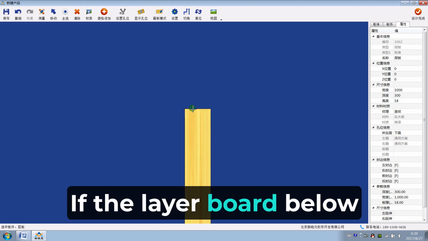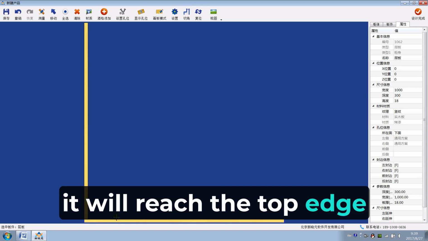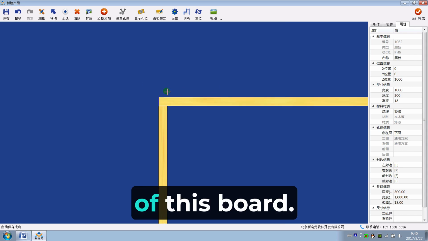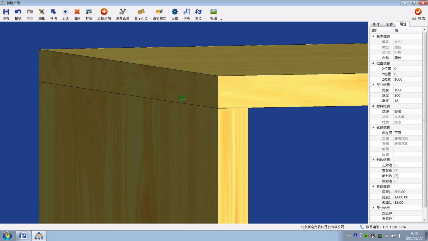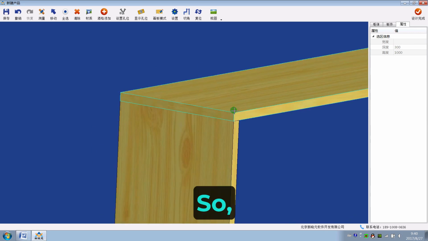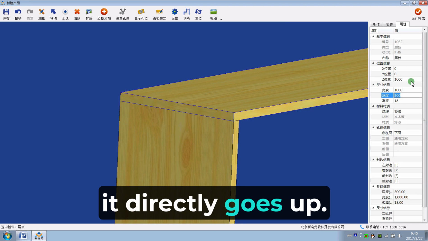If the layer board below is raised by 1000, it will reach the top edge of this board. So, if you raise this board by 1000, it directly goes up.